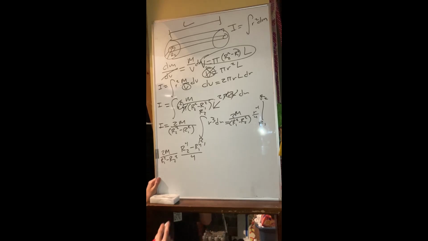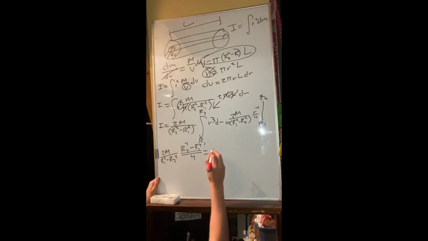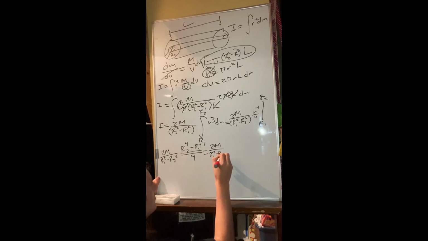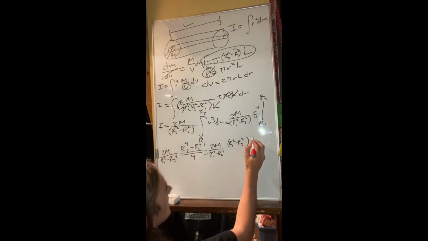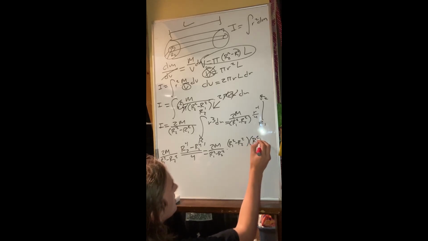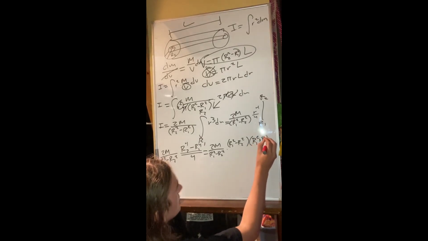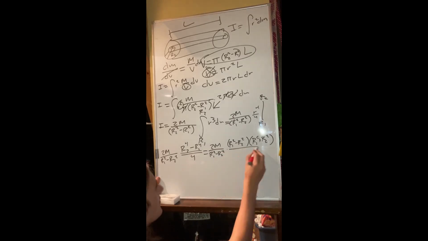So now what we're going to do is rewrite this as a difference of squares. So we can write this as 2m over R2 squared minus R1 squared, times R2 squared minus R1 squared, and because it's a difference of squares, times R2 squared plus R1 squared, and it's still over 4.